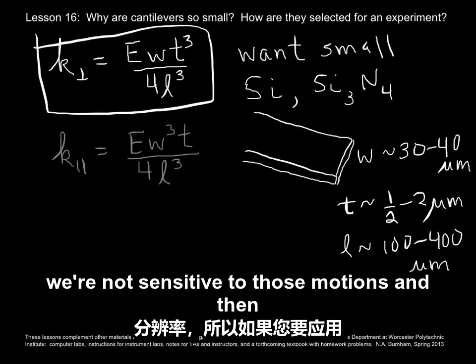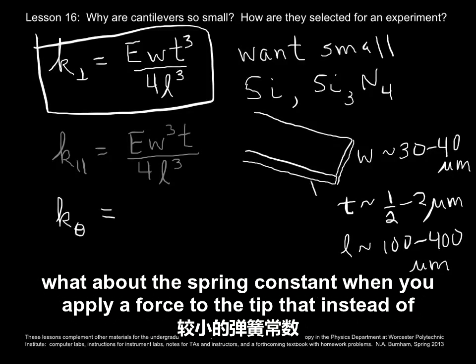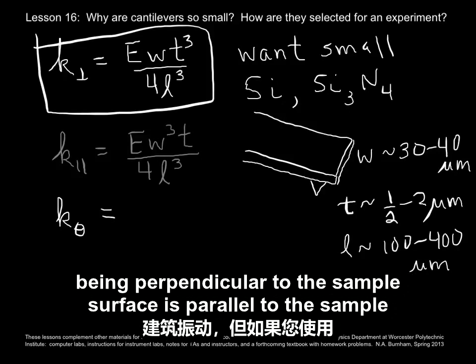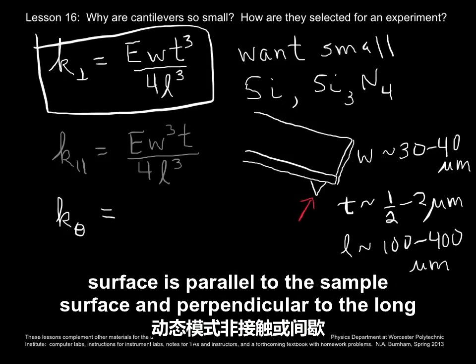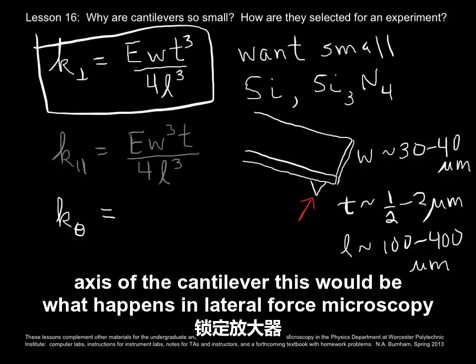And then, what about the spring constant when you apply a force to the tip that, instead of being perpendicular to the sample surface, is parallel to the sample surface and perpendicular to the long axis of the cantilever? This would be what happens in lateral force microscopy.